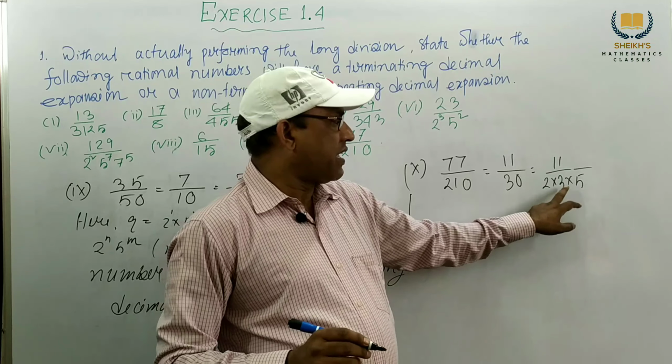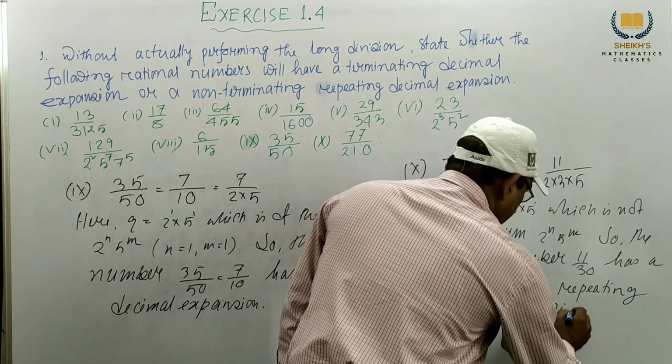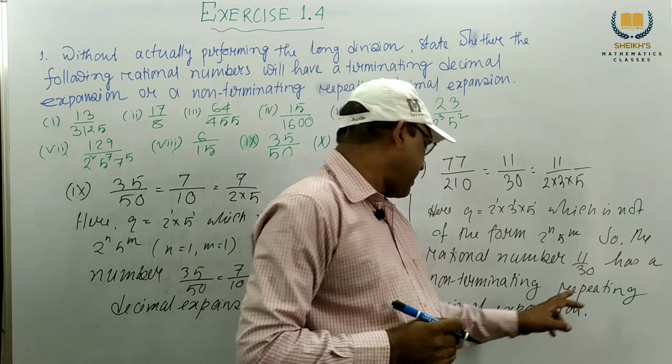So the rational number 11 by 30 has a non-terminating repeating decimal expansion.